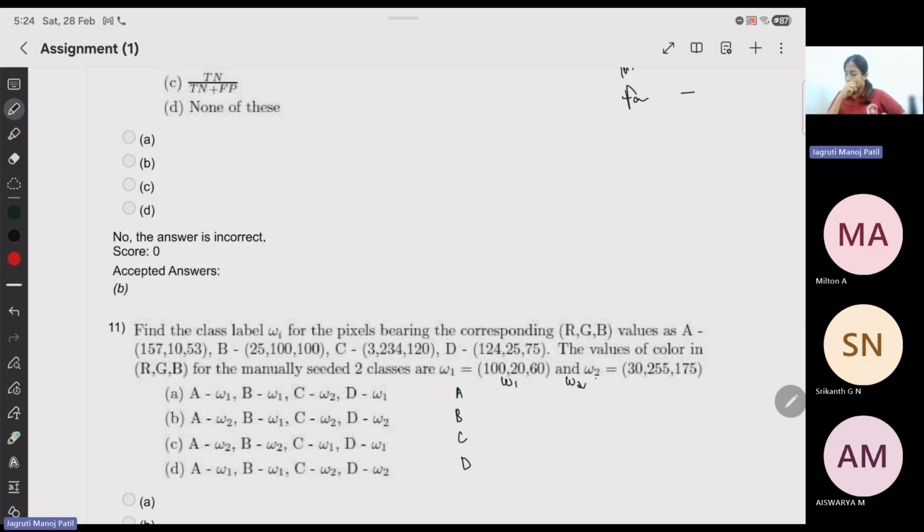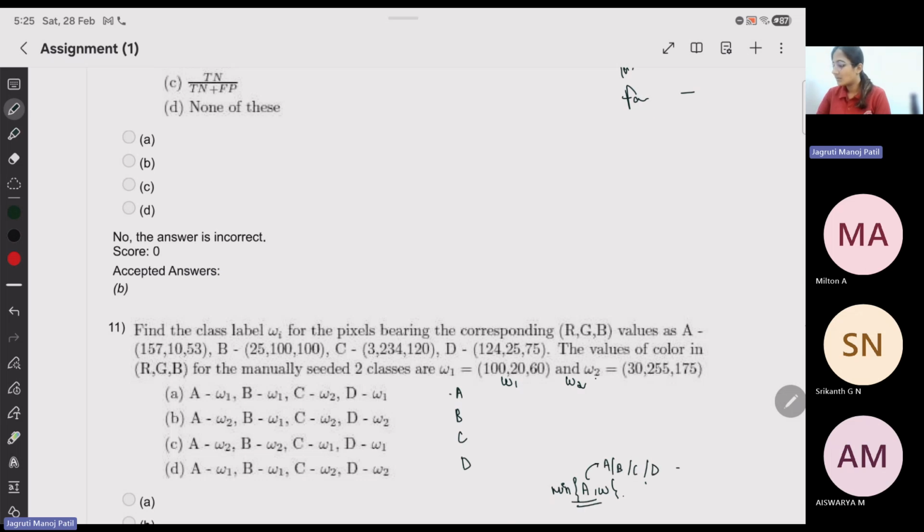So now you calculate the distance for all these labels from W1 and W2, the distance for minimum. So where it is minimum as a function of this class W that you are comparing it with. It can be either A, B, C, or D, okay?